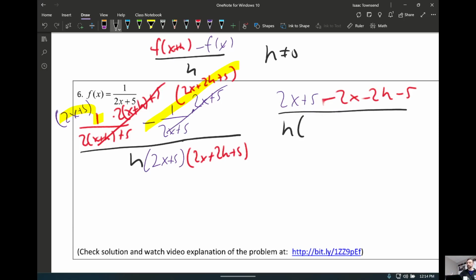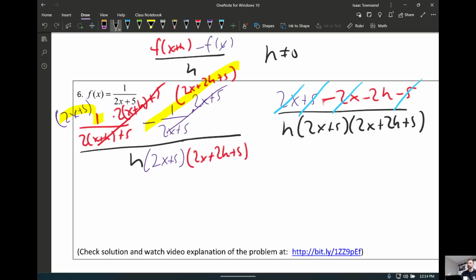And my denominator's messy, but it doesn't really matter. We don't need to do too much with the denominator. Multiplying everything by the smaller denominators gets it out of complex fraction form. Once it's out of complex fraction form, we should be almost done. All of this numerator should basically go to 0, 2x minus 2x plus 5 minus 5, and for consistency, the last step should always be the same.